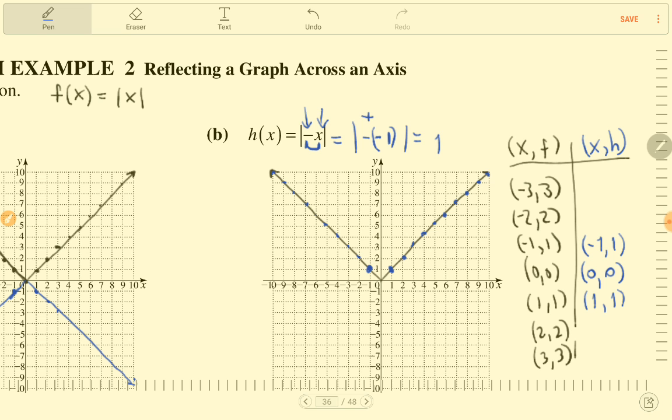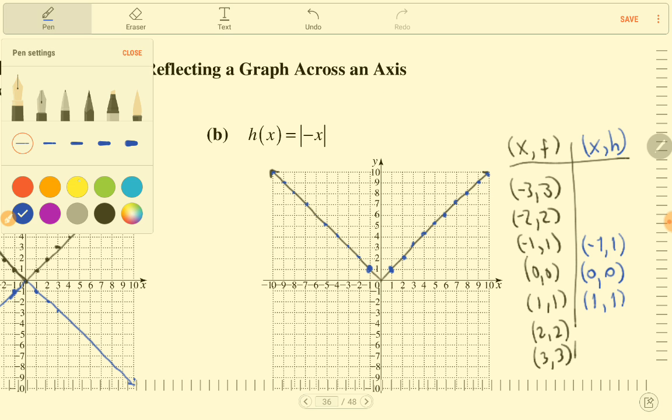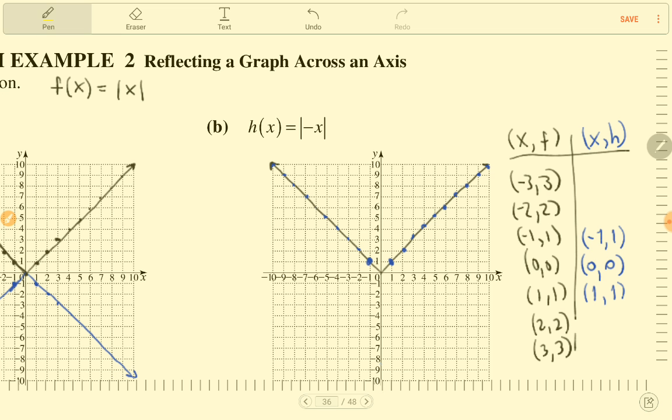So it's a little harder, I think, to wrap your mind around a horizontal flip that already was symmetric across the y-axis, because what I mean by symmetric across the y-axis, just to make sure we're all on the same page here, is I can fold this thing along the line. If you can just take the paper and fold it along that line, these two sides will match perfectly.